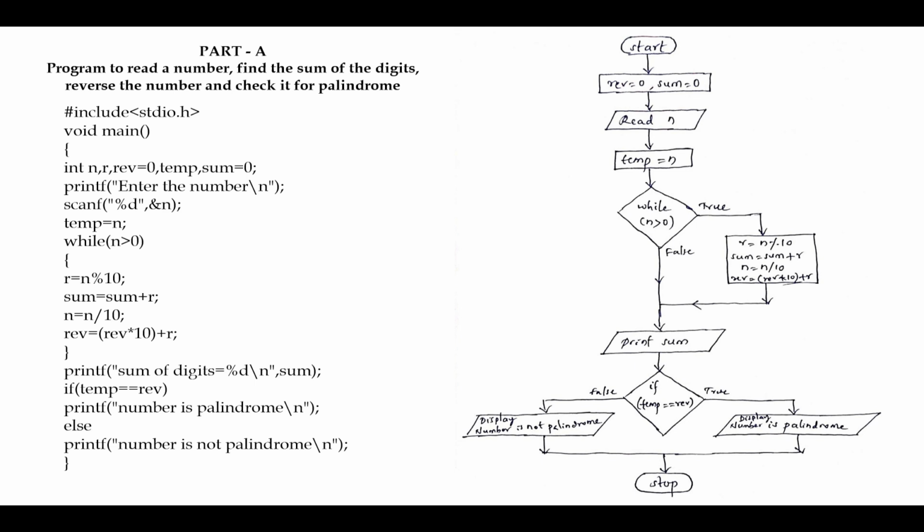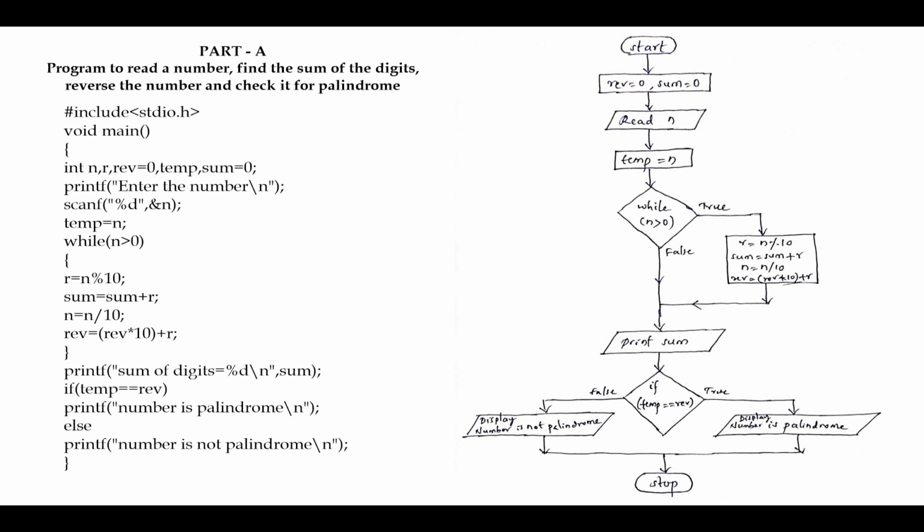If the condition is true, then we are going inside where we are going to do all the calculations to find the sum and reverse value. Those calculations need to be entered inside the rectangle, and if it is false it comes out of the loop, and we are going to print the sum value.